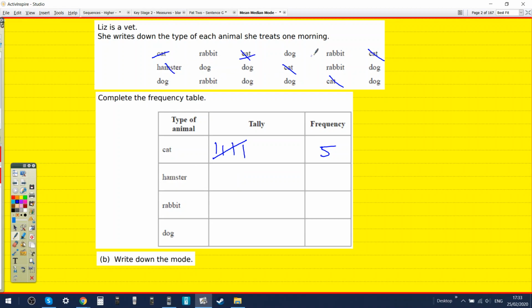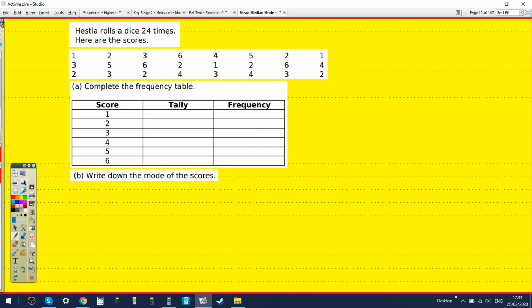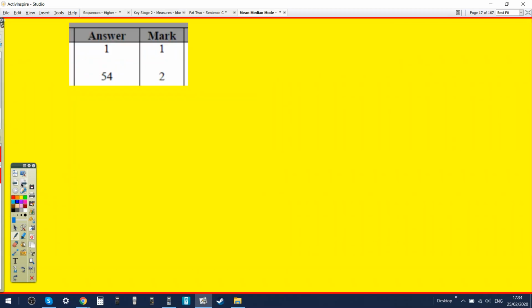So hamster is only there once, dog is there 1, 2, 3, 4, 5, 6, 7, 8, and then rabbit is 1, 2, 3, 4. Oh, sorry, those are in the wrong place. It should be 4 and 8. And so for this one, what's the mode? Dog. Yes. The one that has the highest frequency is the mode. So the mode isn't 8, the mode is dog because it's there the highest number of times. So the mode is never the frequency, it's always the one with the highest frequency.